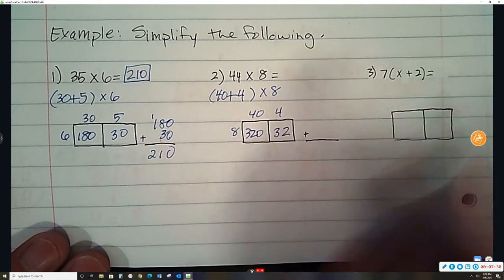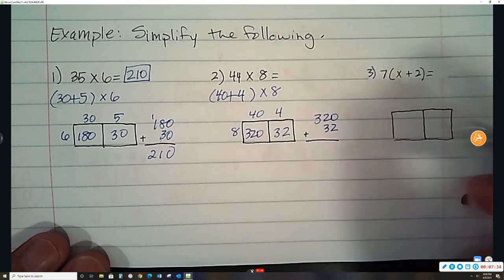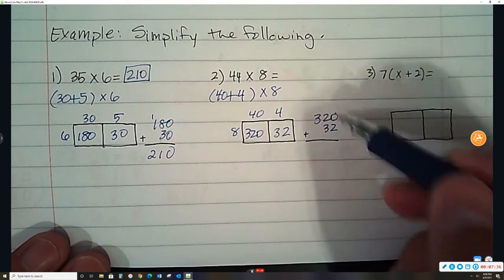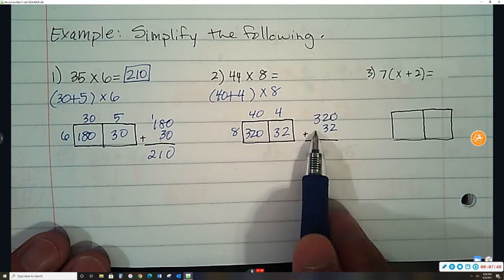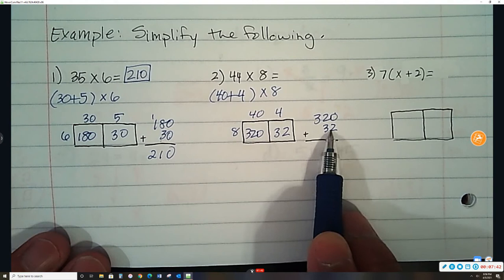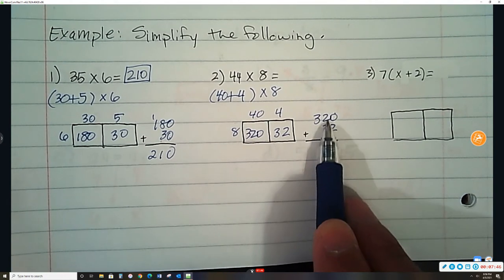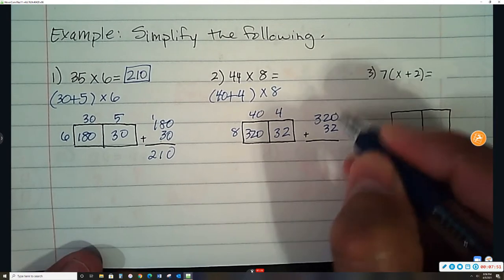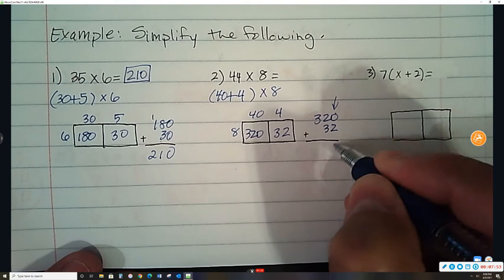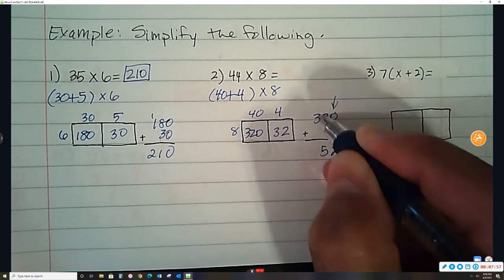And then I can add these, and then again, adding these, once we multiply them, adding them becomes real easy. Just make sure you put them in the right spot. This 32 does not go up in the front, it's back here. Right, this is the ones place, this is the tens place, and this is the hundreds place. So then we just add straight down, 0 and 2, make 2, 2 and 3 is 5, and then bring down the 3.